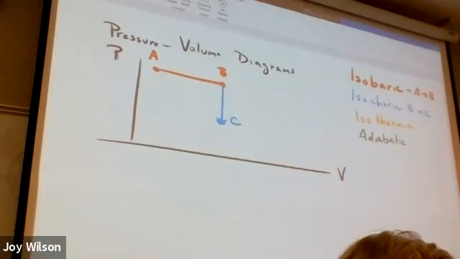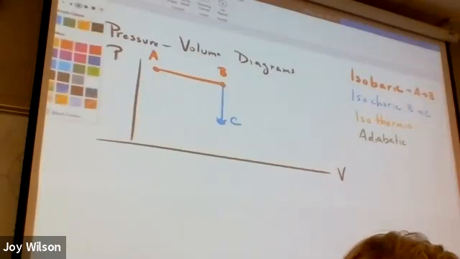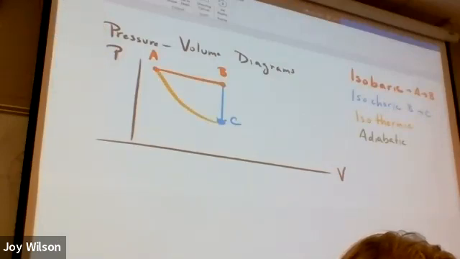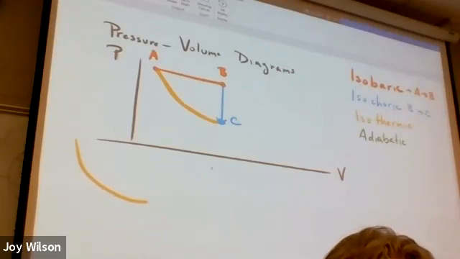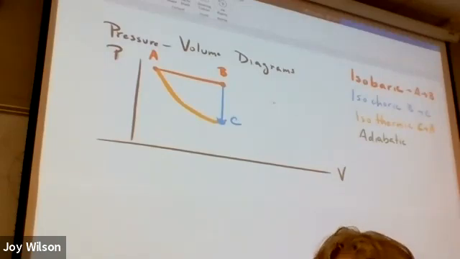So what is isothermic going to look like? Isothermic is going to be curved. It's going to have that sort of exponential curve shape to it. So this would be C to A. And I'll tell you how to check for an isotherm versus an adiabat here in just a minute.